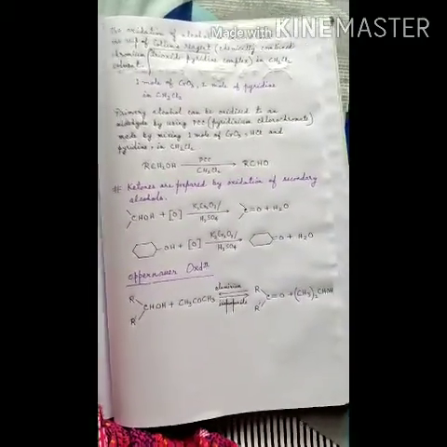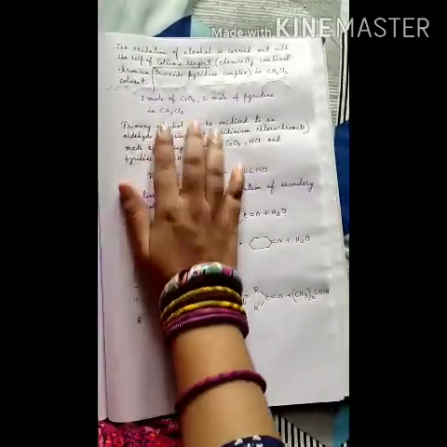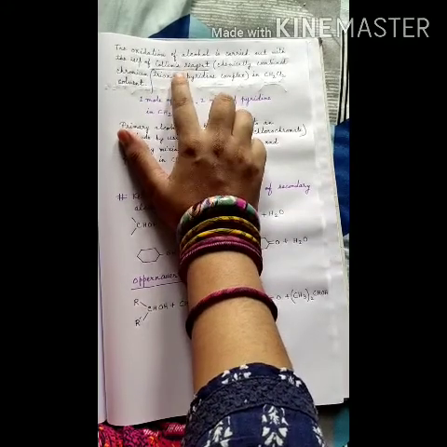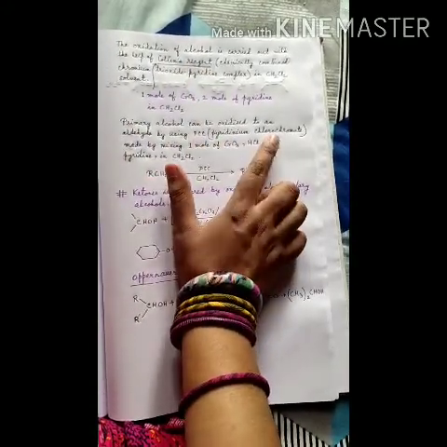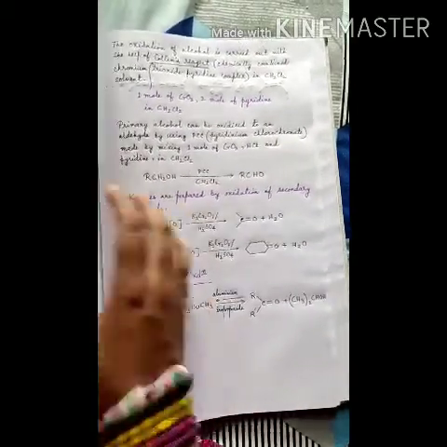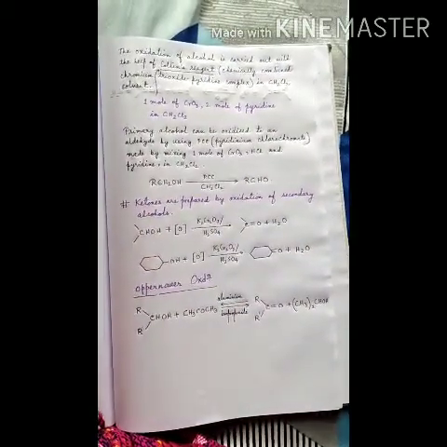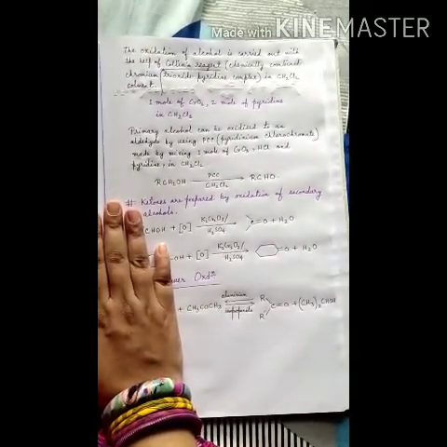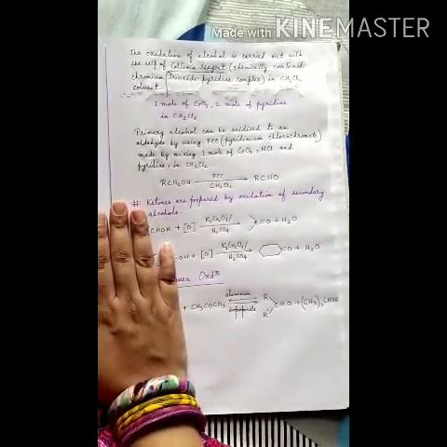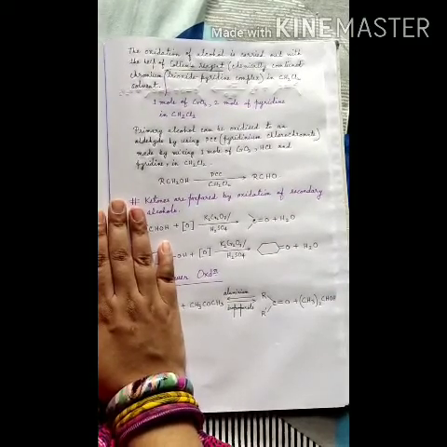So generally, to check the oxidation of alcohol to acid, we can use Collins reagent or we can use PCC, pyridinium chlorochromate. These two oxidizing agents are very important and they very easily oxidize alcohol to aldehyde only, and we don't get the further acid in these cases.